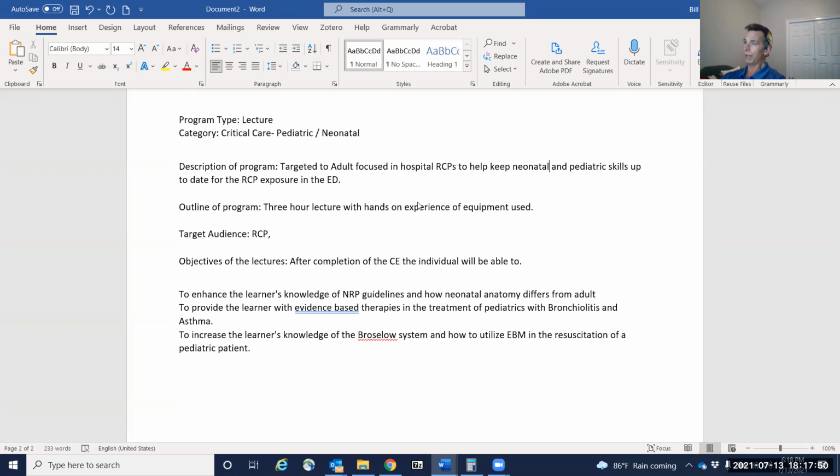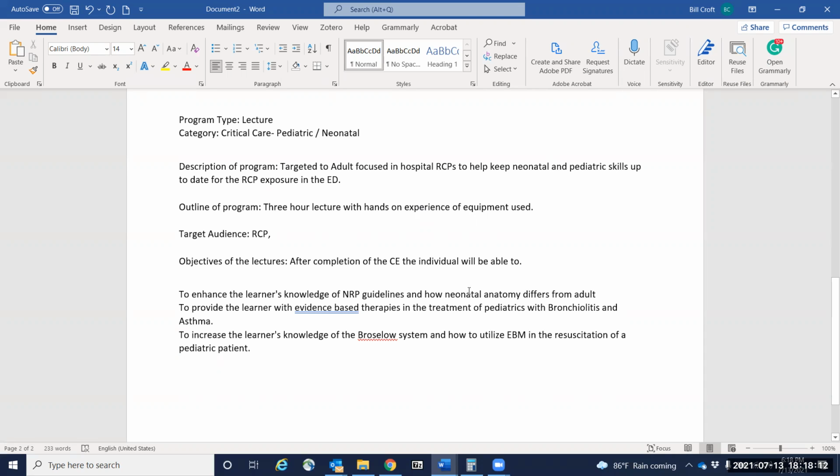Okay, well, that's a better objective, but will participants be able to, all right, how are you going to measure their knowledge? Well, we can do that with the test. And we can also do how the neonatal anatomy differs from the adult. But does that sound like one or two objectives? Two.